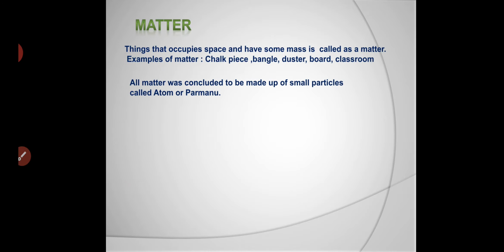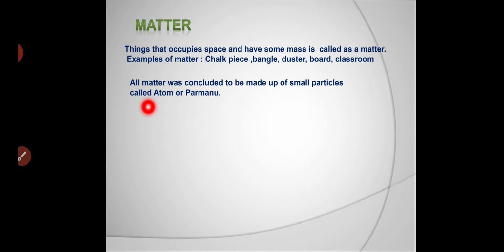So students, we are already familiar with matter. Matter is that which occupies some space and has some mass, right? Then what are the examples for that? Chalk piece, bangles, duster, whatever is present in our surroundings, all that is called matter.